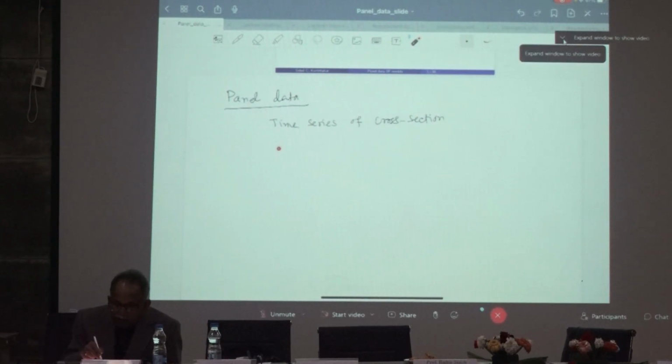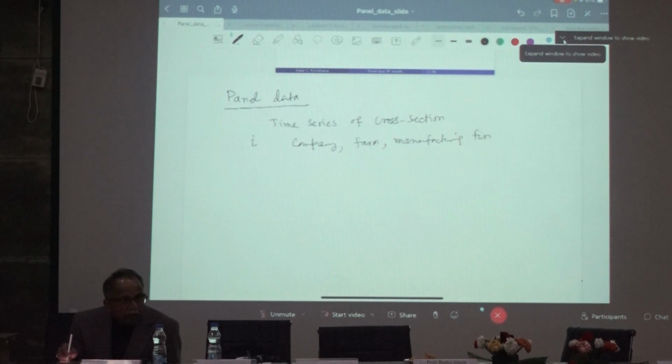One is individual, i, and this can be company or firm, or agricultural firm, or again like manufacturing firm. Okay, many other things that you can think of.